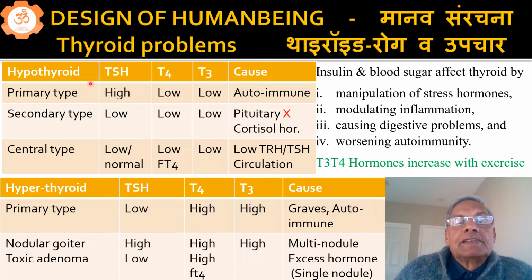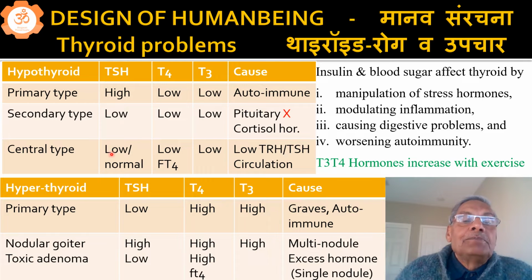So TSH becomes high and T4 and T3 both are low. Then it is called hypothyroid. And this is basically autoimmune. In most of the cases, this is an autoimmune disease. And generally, this type of thyroid is found in most of the patients.